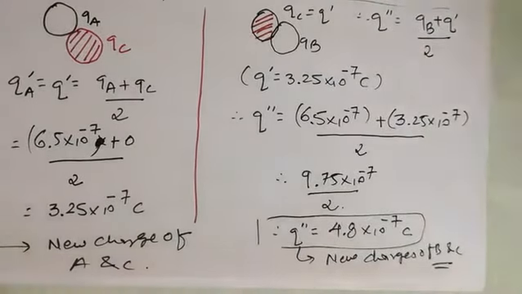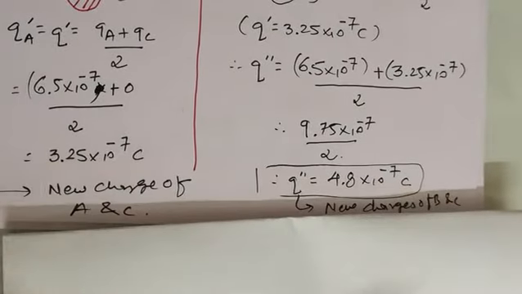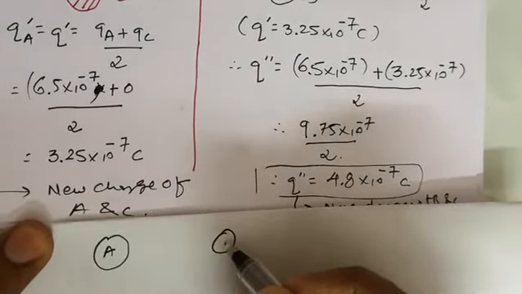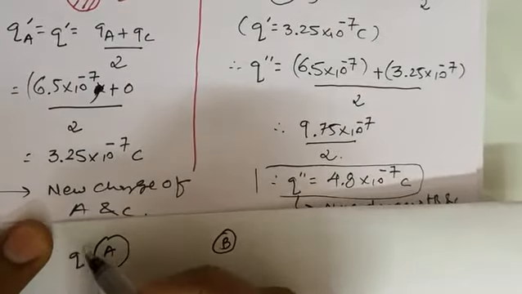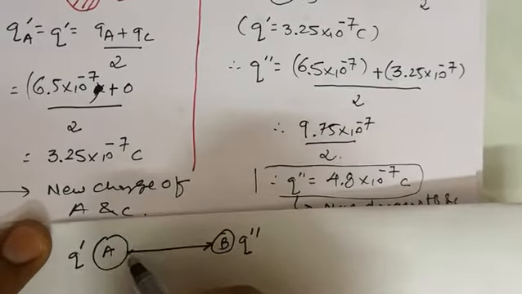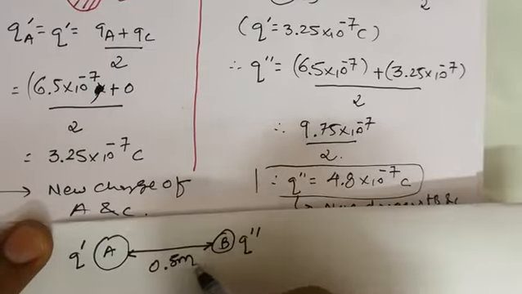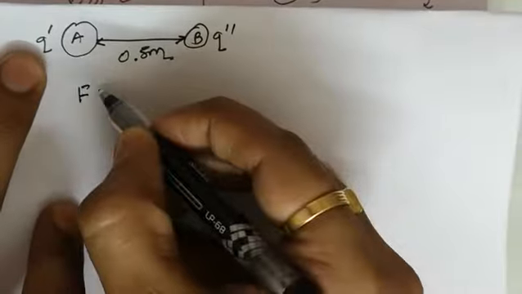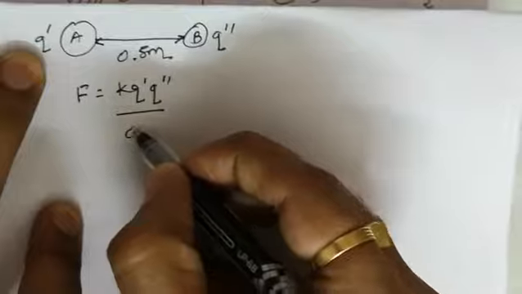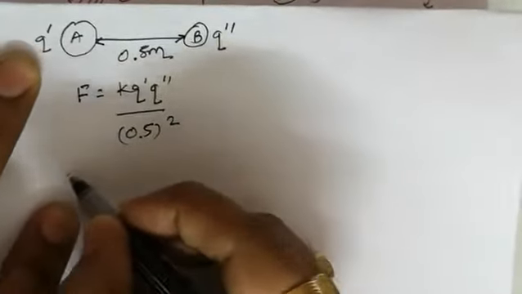Let's see. Again, I have A, I have B, holding the charge Q dash and the charge Q double dash, and the distance between them is 0.5 meters. So I'm solving this one for you. I have a new force, F equals KQ dash Q double dash upon distance, that would be 0.5 square.